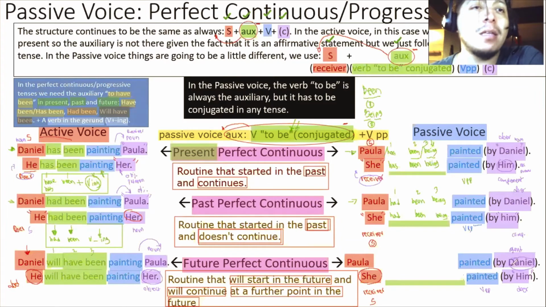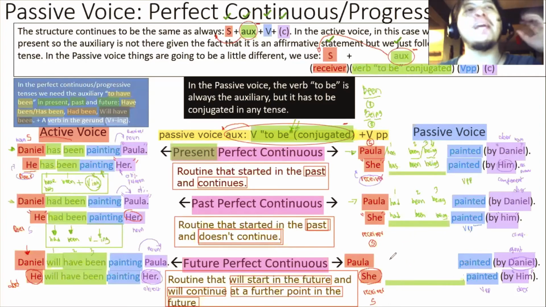Paula painted him. This is what we say. Well, Paula painted him, that is like in the active voice. It's like Paula is painting. But in the passive voice, we need to change this to the passive voice. So to change this to the passive voice, the only thing that we need is the auxiliary. So what is the auxiliary for the future perfect continuous in the passive voice?